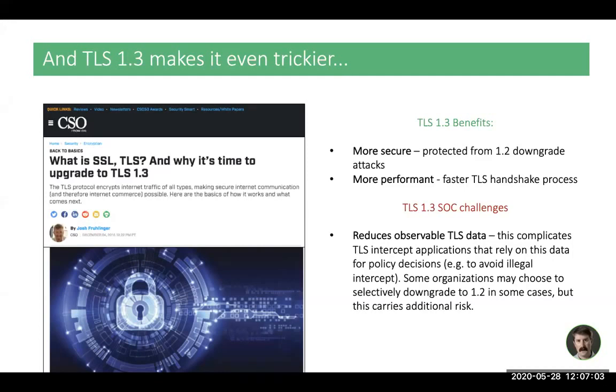So even though the bulk of the connection, the entire payload, and the communication is encrypted, the capabilities exchange, the certificates, everything else at the beginning of that connection is unencrypted, and gives us a lot of information as defenders to be able to see what's going on in that traffic.